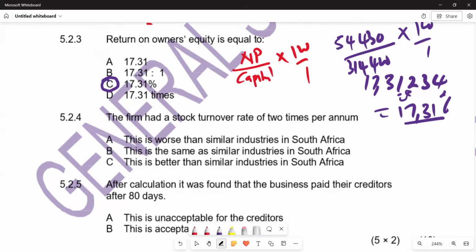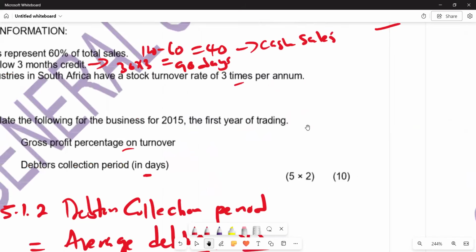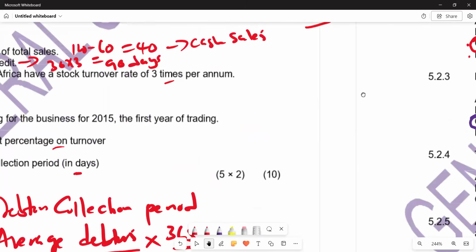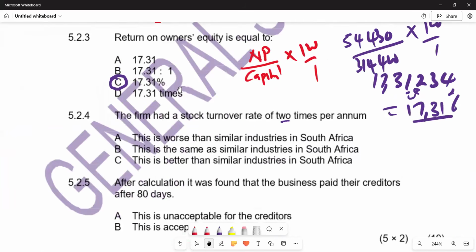So in this case, we are given it as two terms, but we can go back to the question to see what hint are we given there. So in the question, you'd see that we are given that similar industries in South Africa have a stock turnover rate of 3 times. So this one is more than our stock turnover, which is assumed there to be 2 times. So here we can now say ours is less than those in the similar industry.